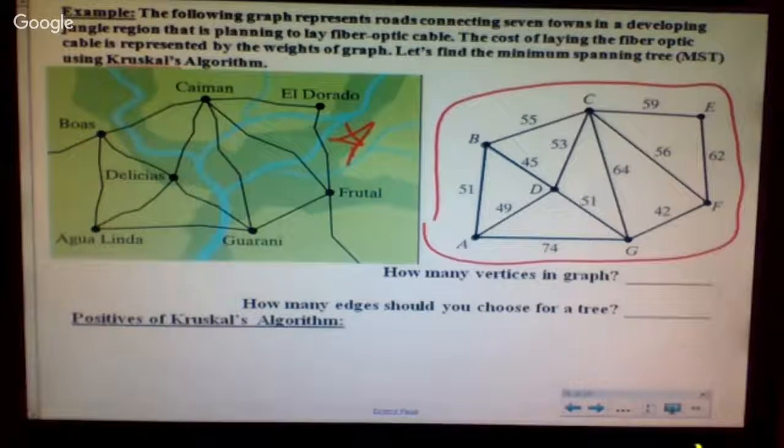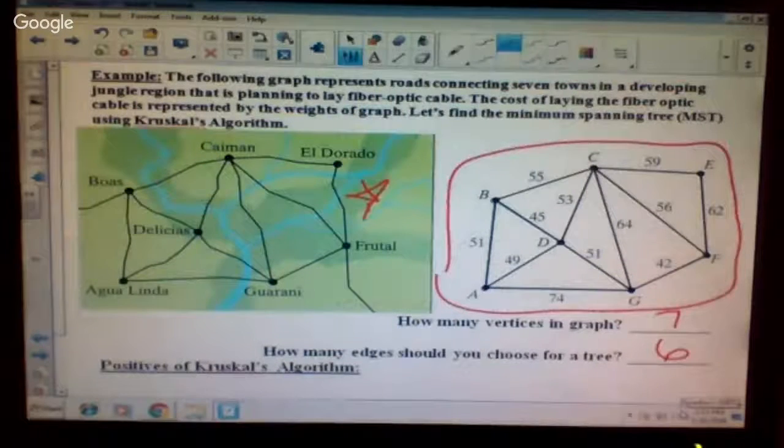You always want to start out with how many vertices do you have in your graph? 7. If I have 7 vertices, how many edges do I need to create a tree? 6, always 1 less. So I need to highlight 6 lines. Let me get my highlighter here. Give me a minute. All right, grab a highlighter if you want one.